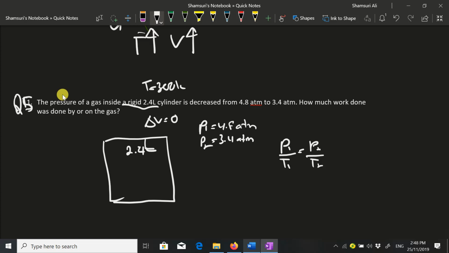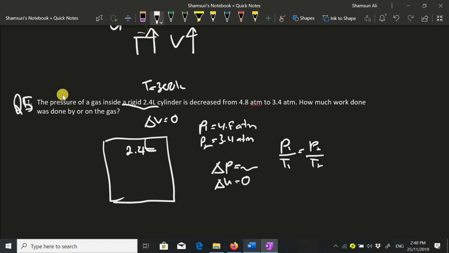And then how much work done? The pressure changes, so delta P changed, but delta U is 0.